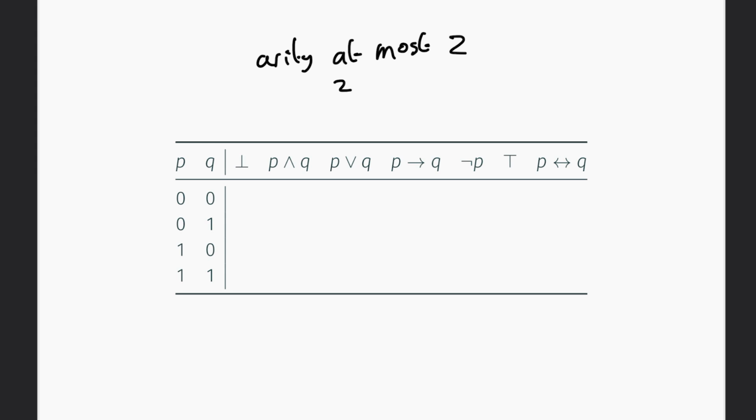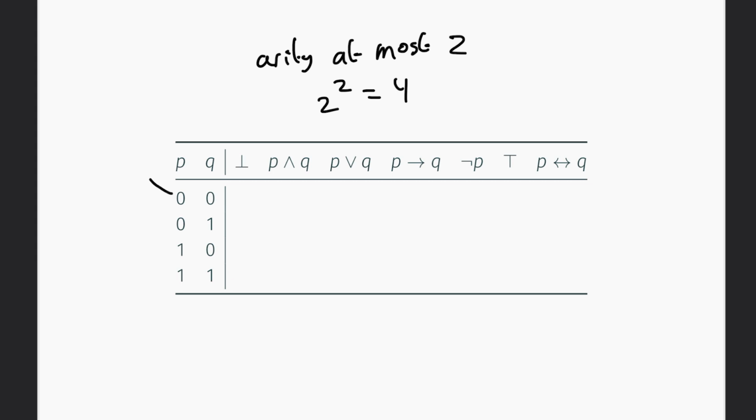And we also need to check all the possible valuations for these 2 variables. And remember that a variable in Boolean semantics can be true or false, so there are 2 possibilities. So in total we have 4 rows, we have 4 combinations of valuations to test for.